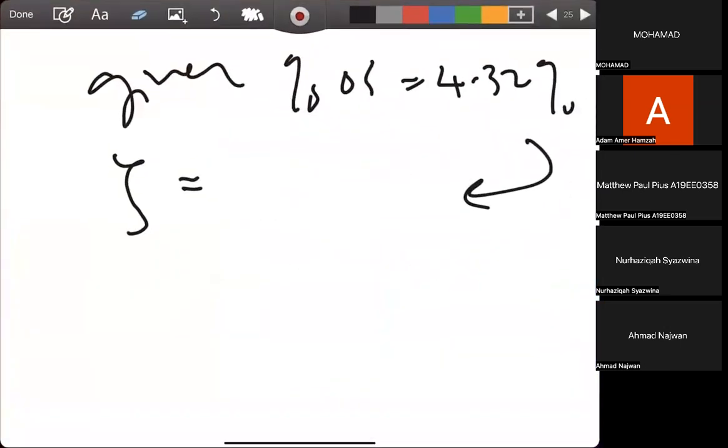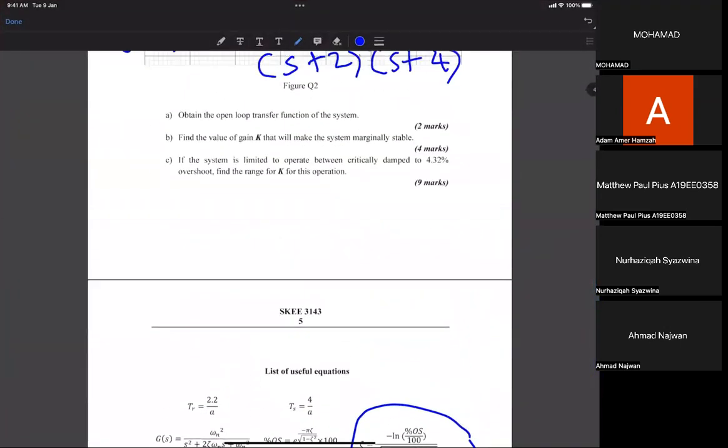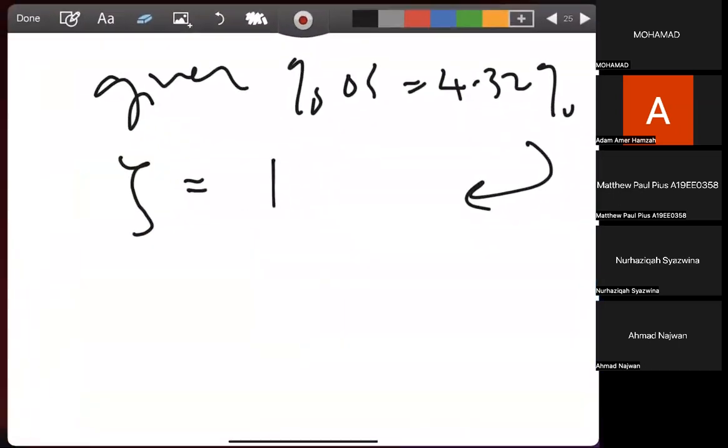So zeta is about 1. Zeta is equal to 1, critically damped. Actually, you don't have to use the formula. Critically damped means that it is equal to 1. Okay, zeta equal to 1.